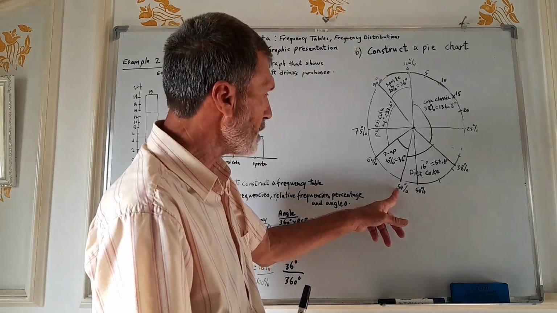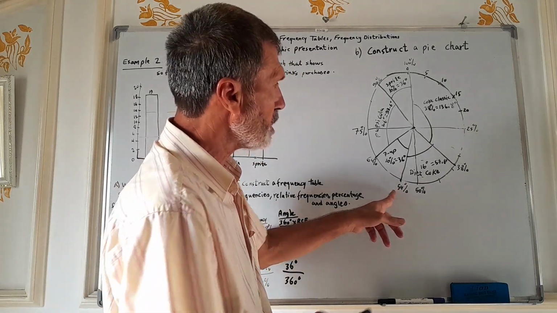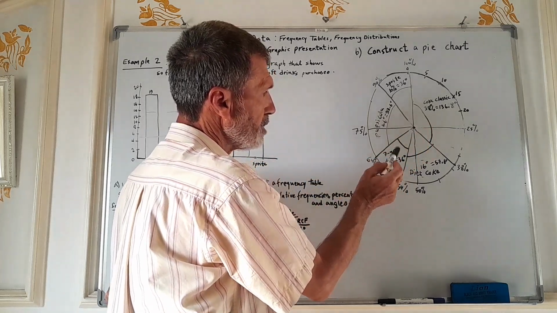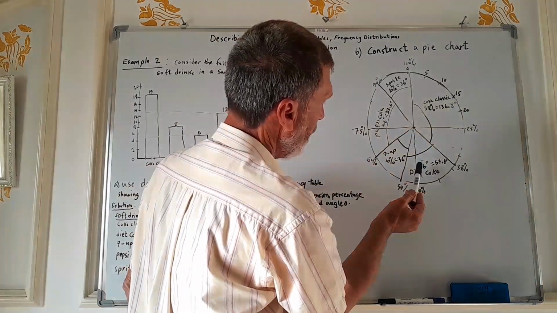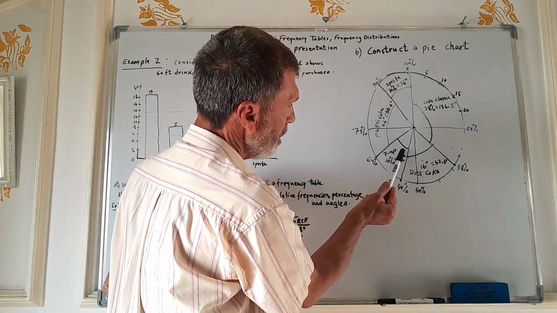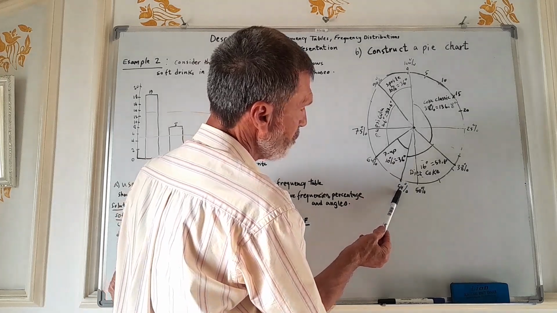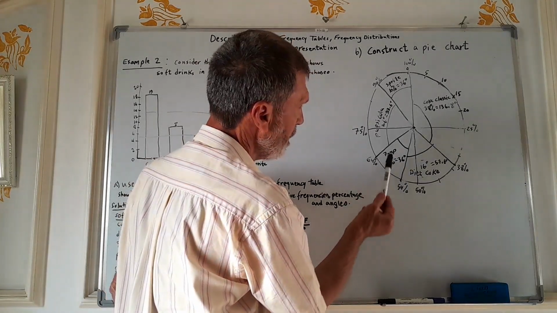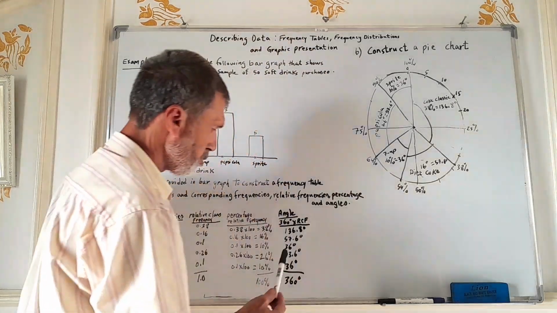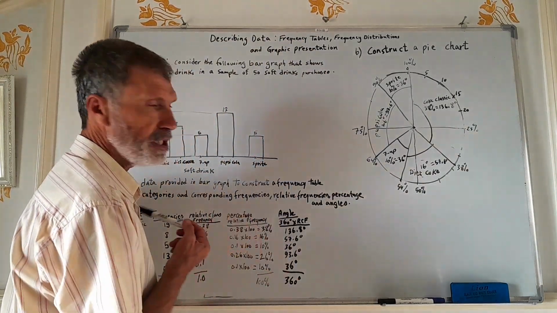We draw a line from the center of the circle to 64%, and as you can see, the slice between the boundaries of 54% and 64% is related to 7-Up, which is 10%, and 10% is equivalent to 36 degrees.